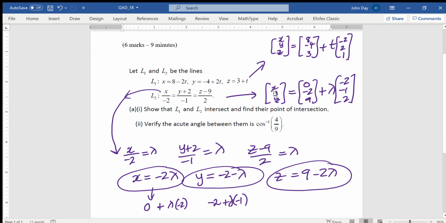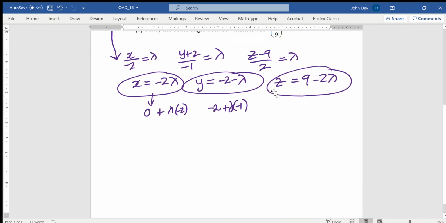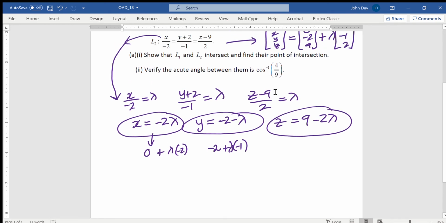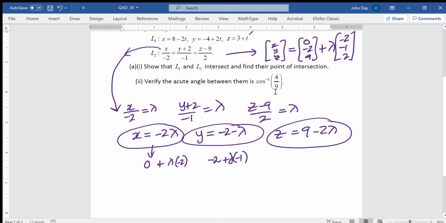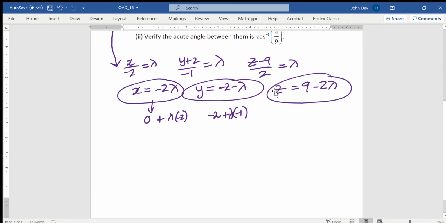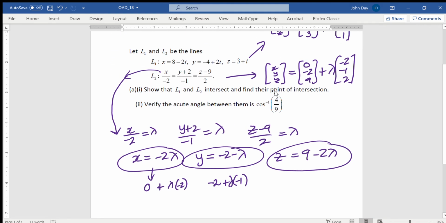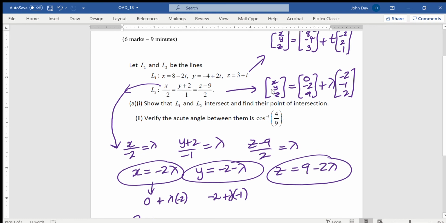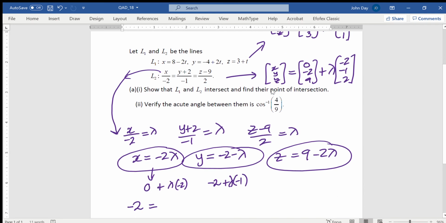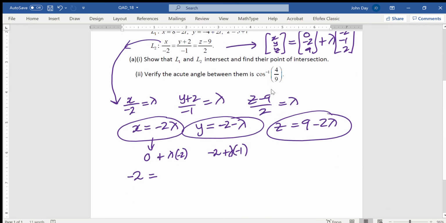All right, the question says, show that L1 and L2 intersect and find their point of intersection. So to show they intersect, we need a set of consistent simultaneous equations. So I need to show that the minus 2 lambda that we found is equal to the x part of the other equation, which is 8 minus 2t. Sorry.